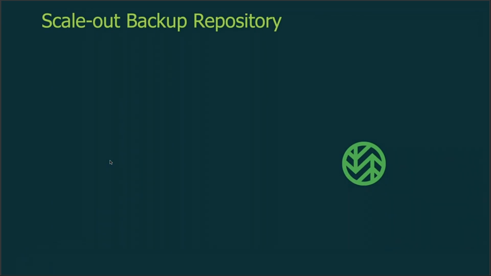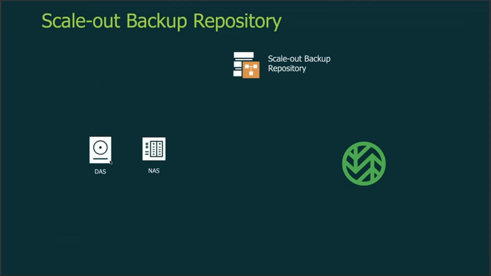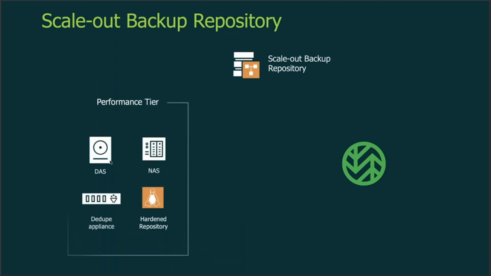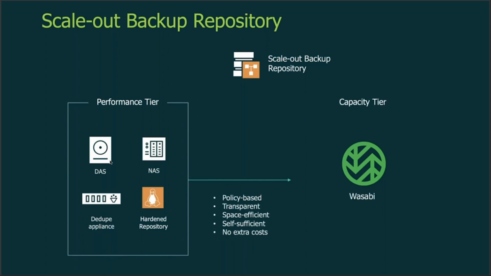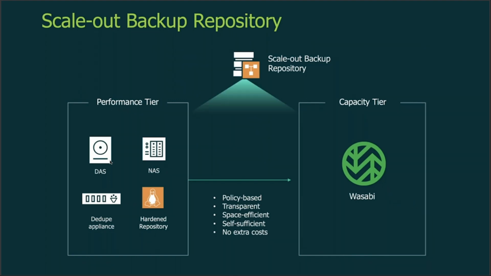So what does this look like? As we build out this slide, you can see that what it needs is a scale out backup repository. And what a scale out backup repository is within Veeam is a collection of repositories. And then Veeam handles the smartness of where that data should go. So you can see here we have a performance tier and we have a capacity tier.